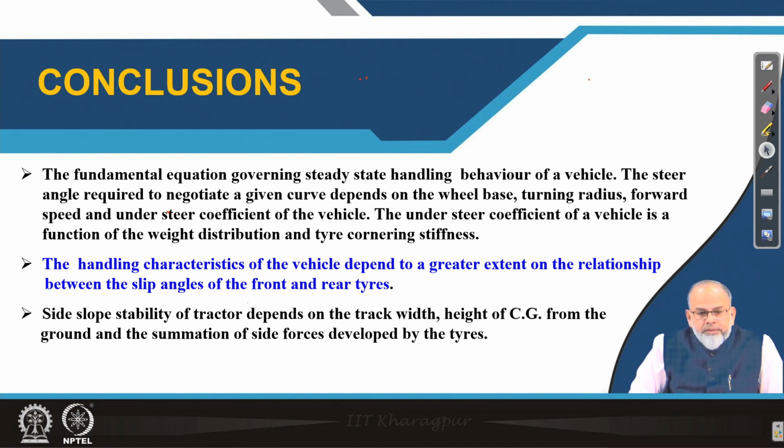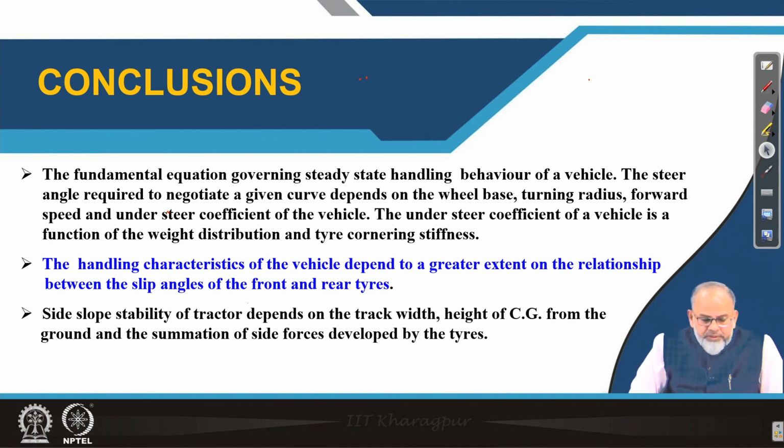In fact, it also depends on the weight distribution. Understeer coefficient is nothing but weight divided by the cornering stiffness. So, in other words, it also depends on the weight distribution on the front and rear wheels, and the cornering stiffness of the front and rear tires.